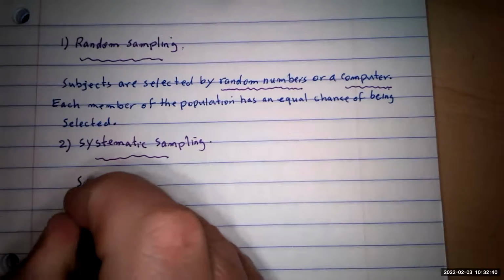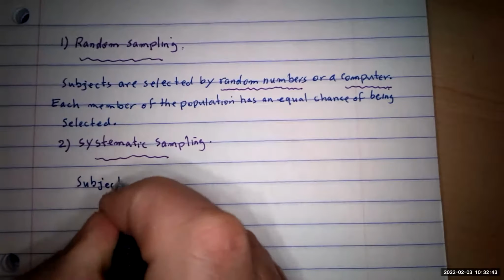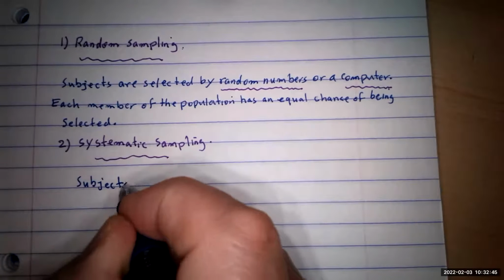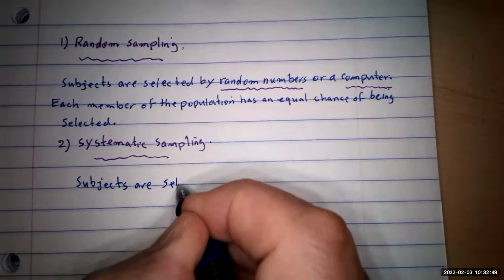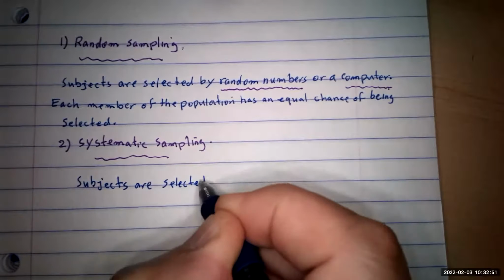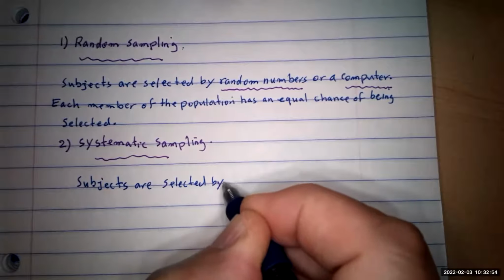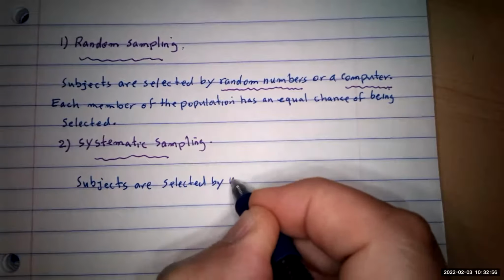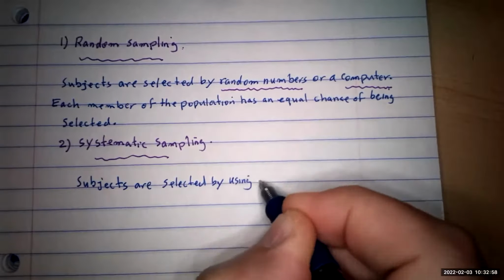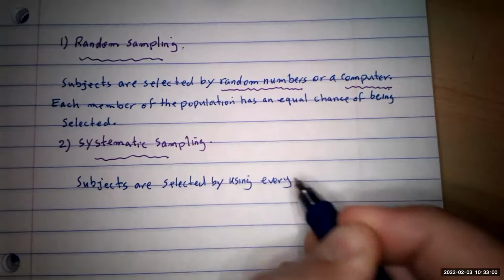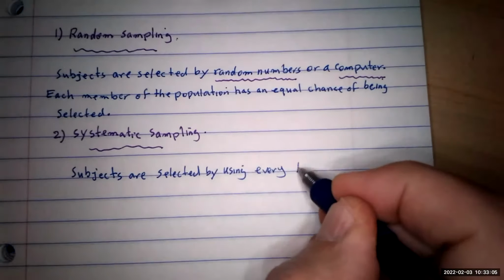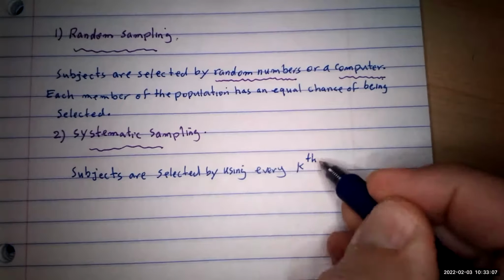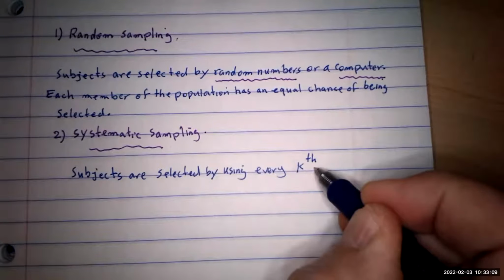So this is it, subjects. Okay, in this case, subjects are selected by using every second, every third, every fifth, say every kth. You decide what is going to be the k.